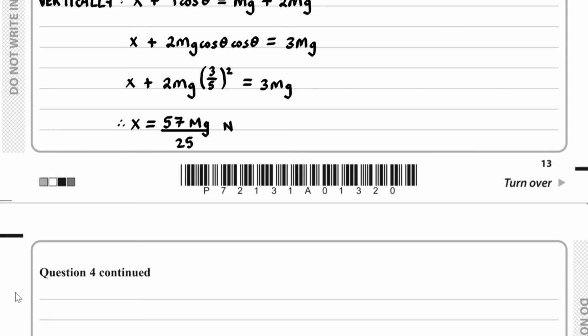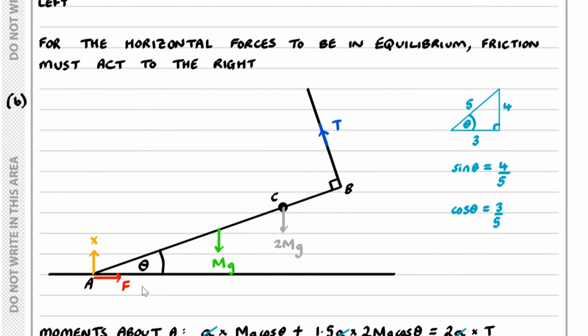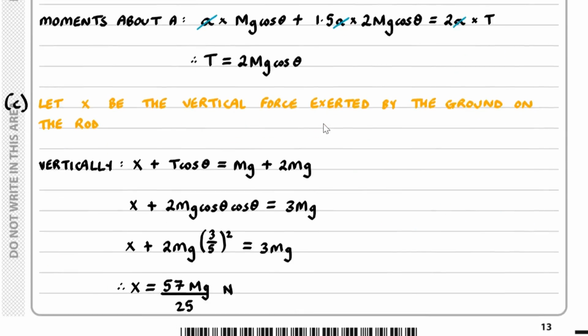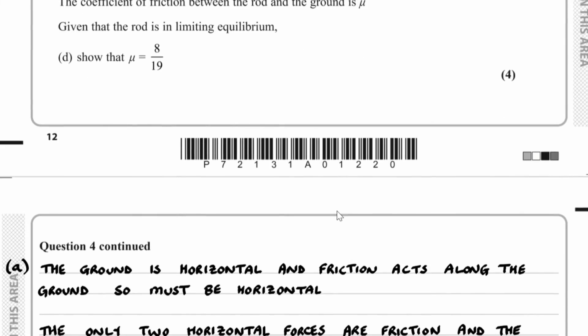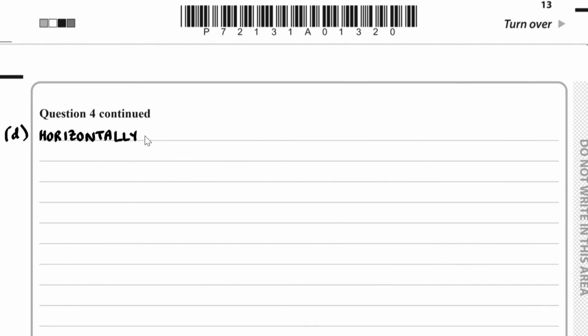Now, in this part of the question, if we consider what's happening horizontally, then we have F to the right, T sin theta to the left, and because it's in limiting equilibrium, we can therefore say that F is equal to T sin theta.